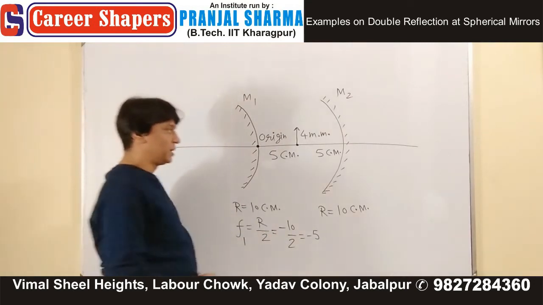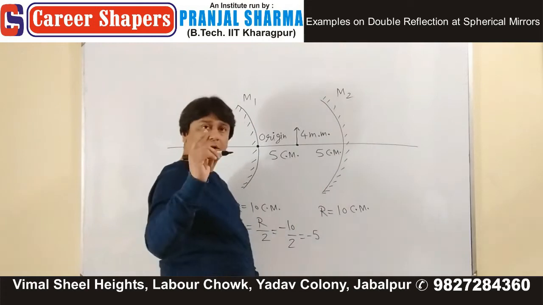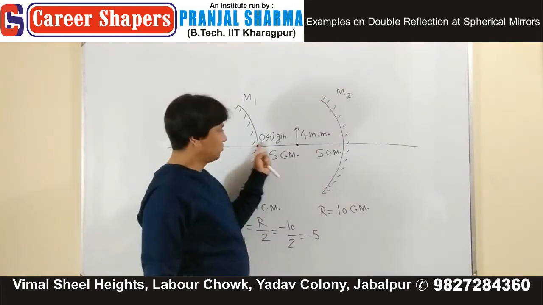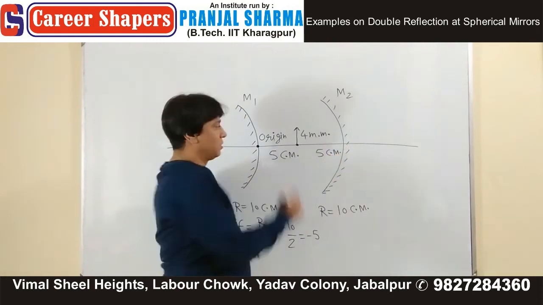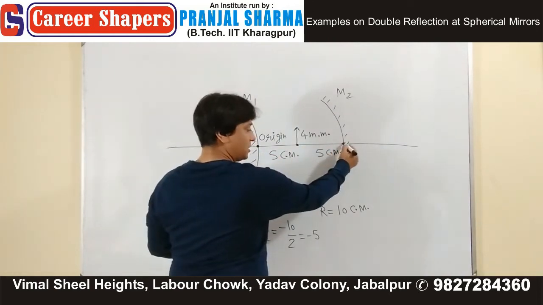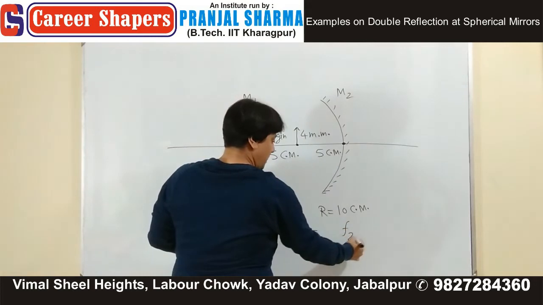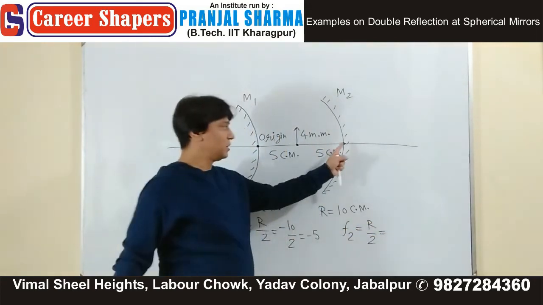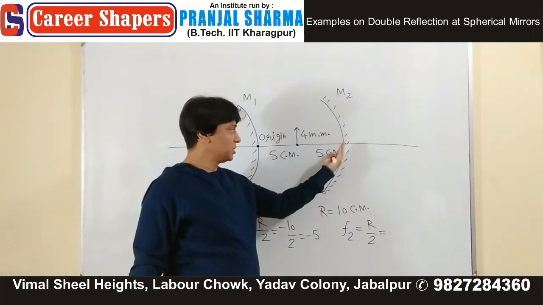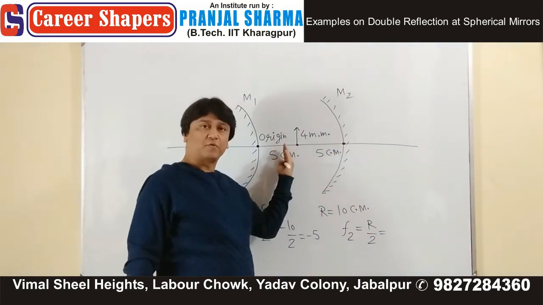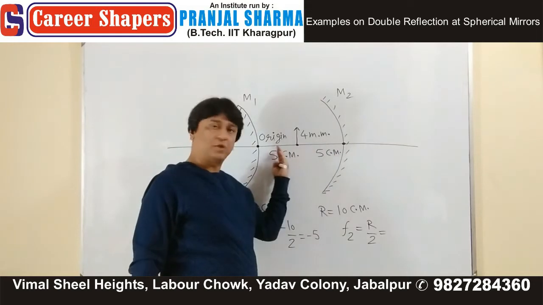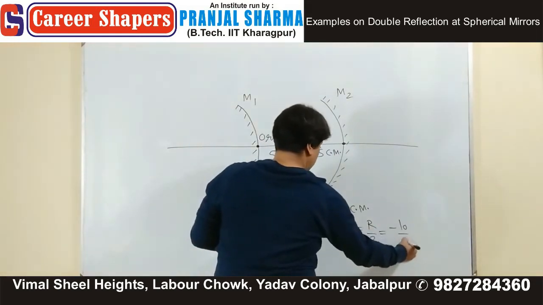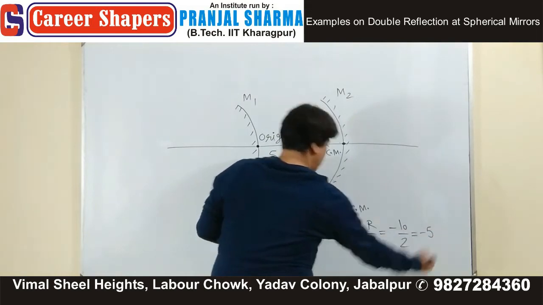Now look carefully. When we calculate for M2, origin will be shifted over here. When you shift your origin to this point, your F2 will be R by 2. When origin is at this position, center of curvature is again on the left side, and therefore it will also be -5.